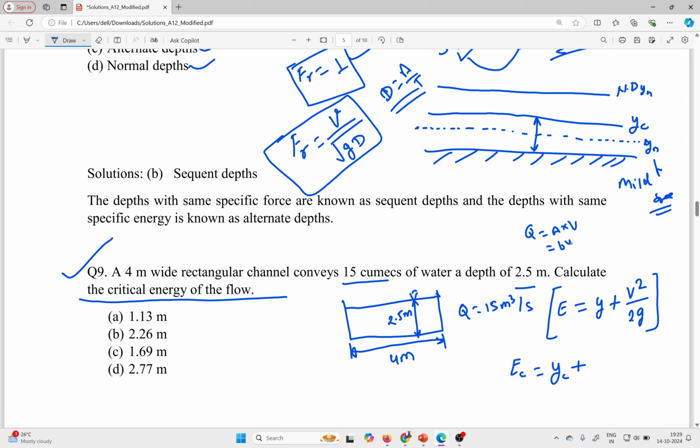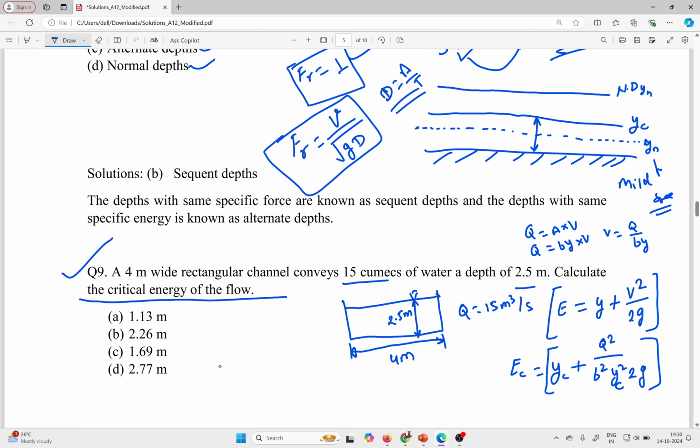Area is equal to B into y if the channel is rectangular. So velocity is equal to Q by By. We can write Q square by B square y square 2g, here y critical c.